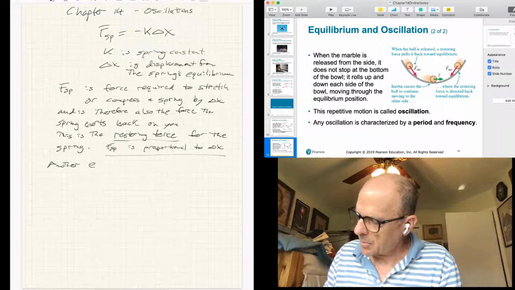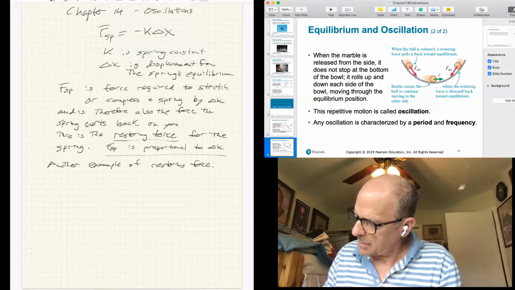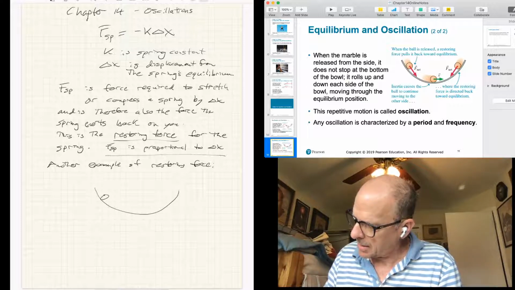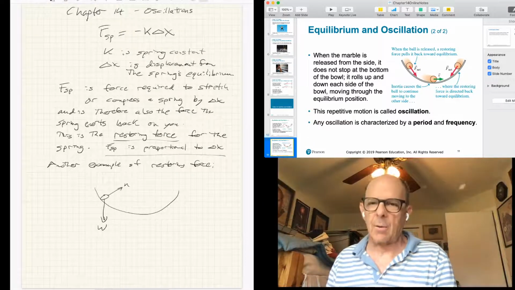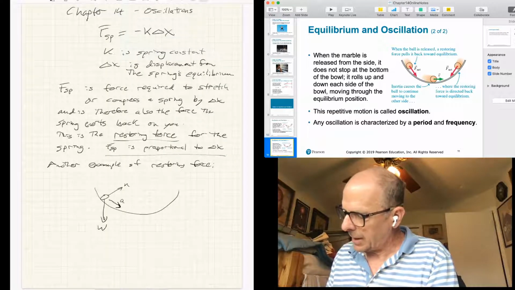Let's just do another example of restoring forces. We have a bowl and a ball, and so there's the normal force this way, there's weight that way. This thing is going to move this way.